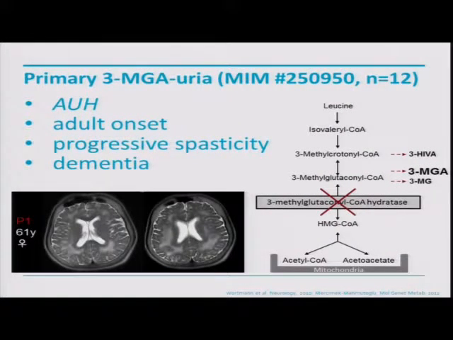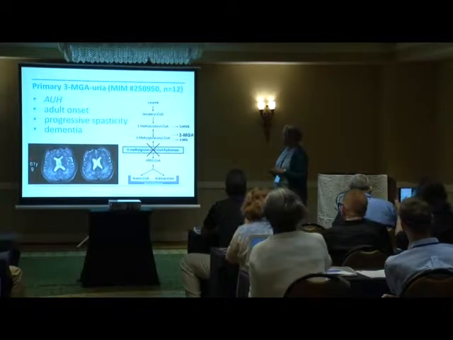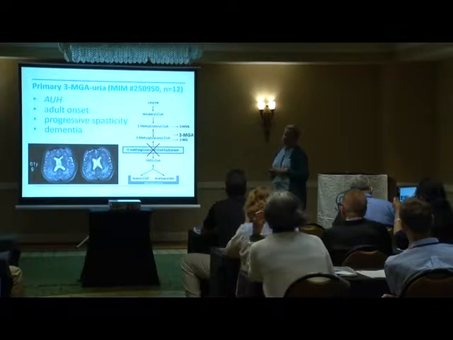As a short introduction about this 3-methylglutaconic acid, everyone always asks where it comes from, and we really do not know. We only know it for what was formerly called 3-methylglutaconic aciduria type 1.